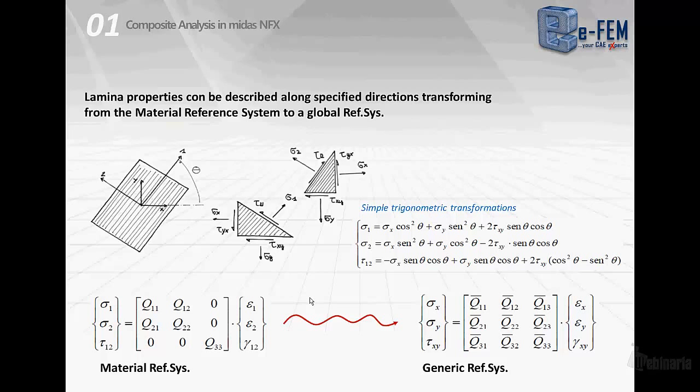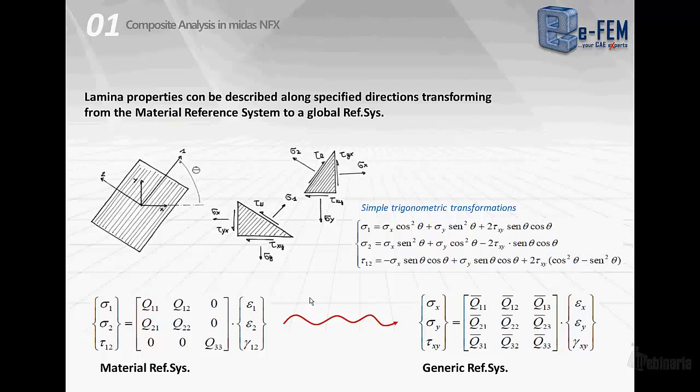But if we need to define the elastic properties and the behavior of the material along a different reference system, a Cartesian reference system that is not aligned to the material, we need to define the angle of misalignment between the two reference systems, and we need to define a new compliance matrix or a new stiffness matrix.